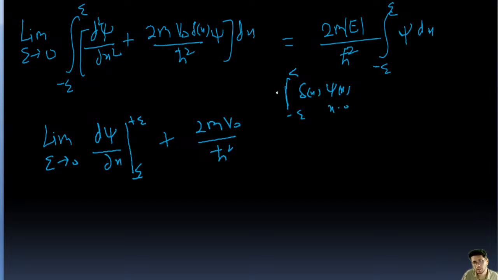And 0 is between minus epsilon to plus epsilon, so this value is going to be psi 0. In a similar way we have solved it.